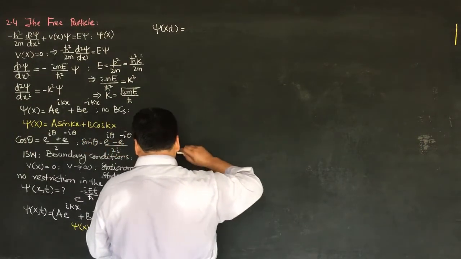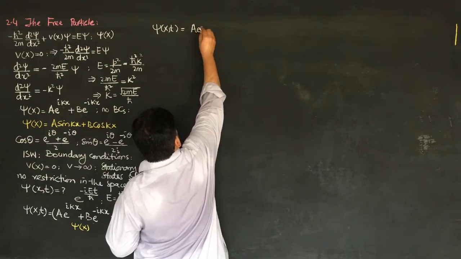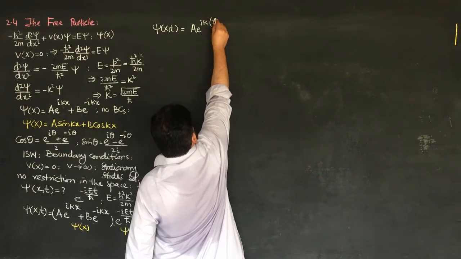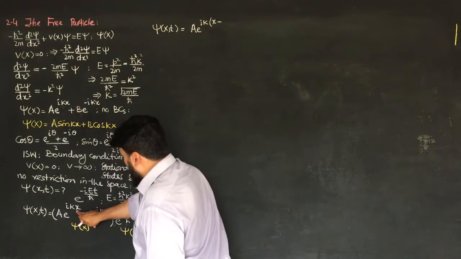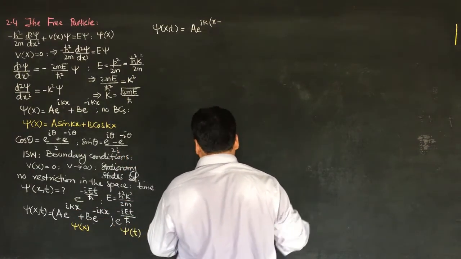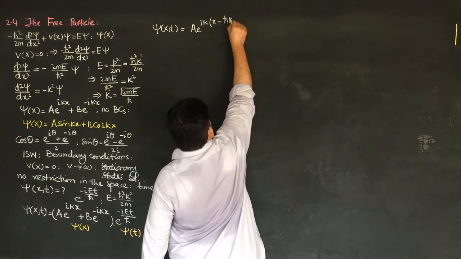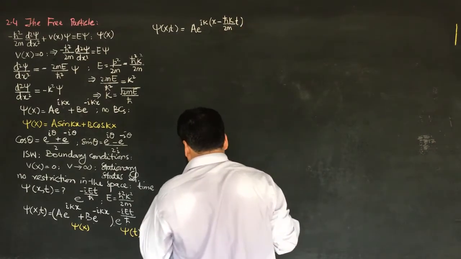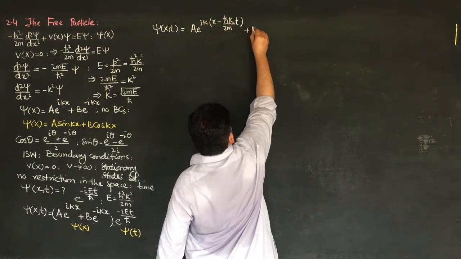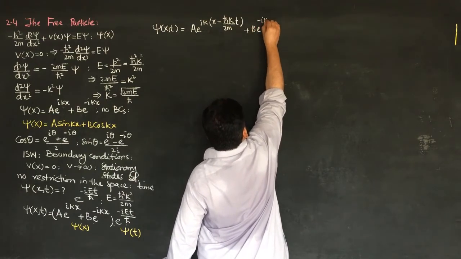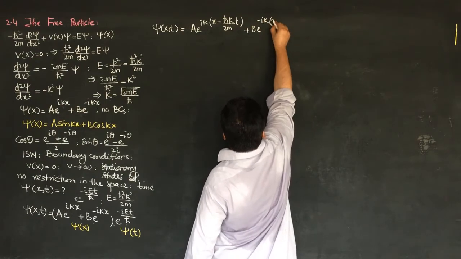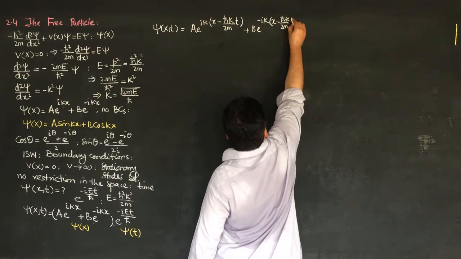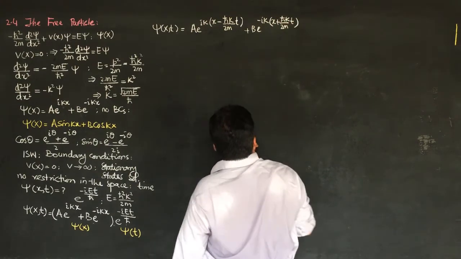So this equation will become A e to the power, and I take ik as common, then it will be x minus h bar k over 2m and t, plus from the next one I will take minus ik common, and it will become x minus h bar k over 2m and t, but this one will become plus.